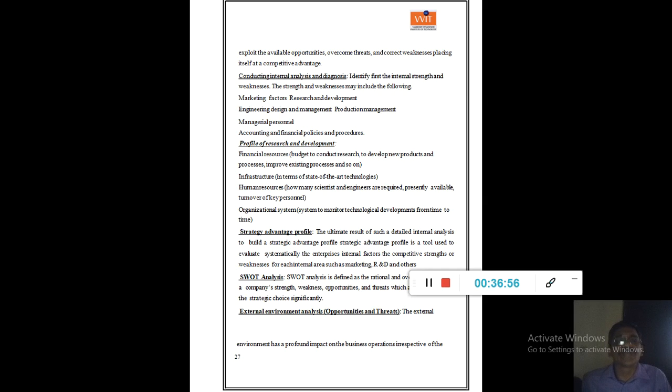So in the internal environment, marketing factors, R&D, managerial personnel, accounting people, financial policies, personnel management, strengths and weaknesses in these will be tested. So identify first the internal strengths and weaknesses. They may include marketing strengths, financial strengths, managerial personnel strengths of your organization.